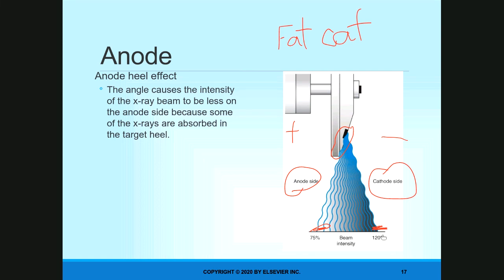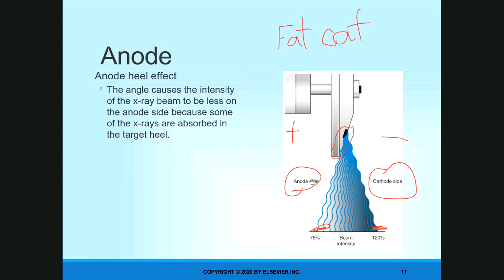But the whole point of it is that the heel in this anode is actually going to absorb some of the radiation. The cathode side is not going to absorb as much radiation, so that you end up with more intensity or more quantity of photons on the cathode side than you do on the actual anode side. All right, and that is called the anode heel effect.